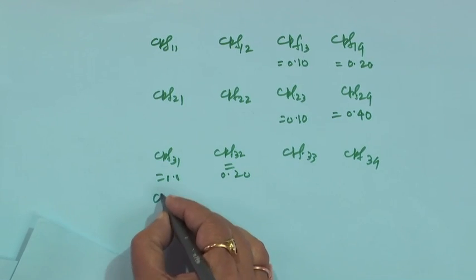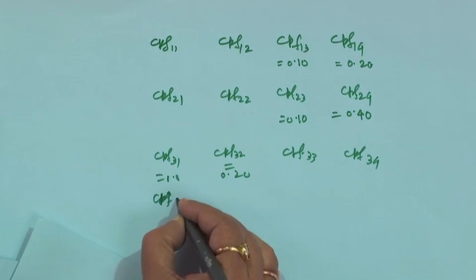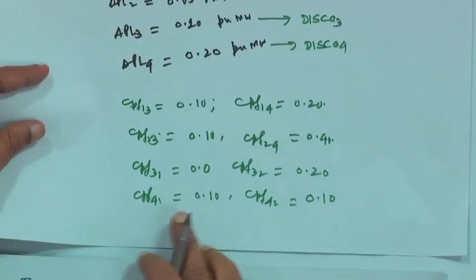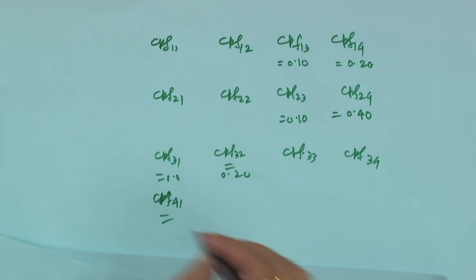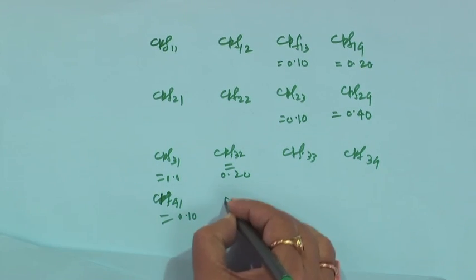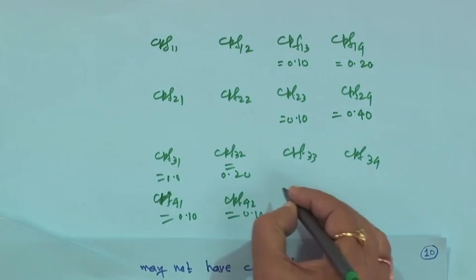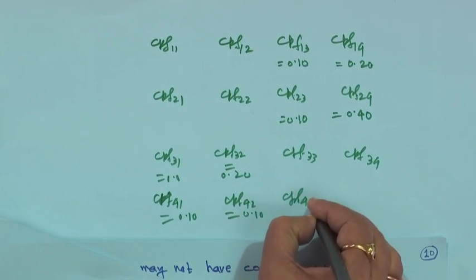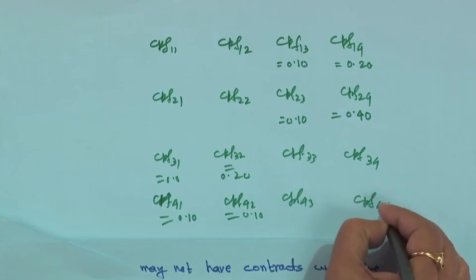Next CPF 41 we have taken as 0.10, and CPF 42 we have taken as 0.10, then CPF 43 and CPF 44, right.